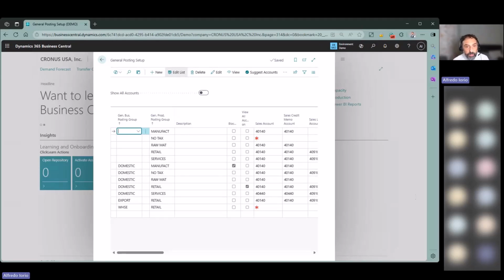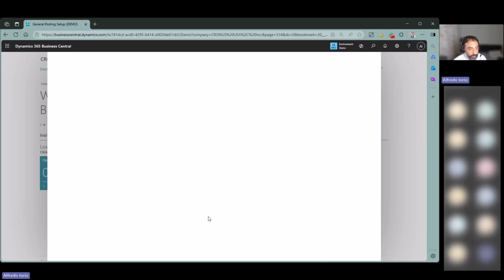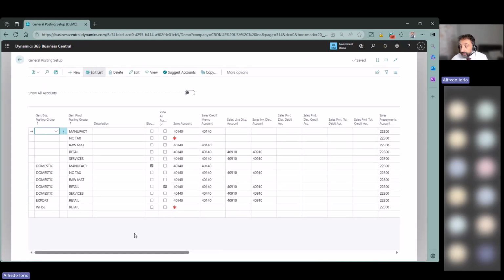So what do we see here in this Cronus database? We see the duplication issue that I mentioned before. We also have a general business posting group called warehouse, and I will show you why that happened. You might remember in one of the first slides, I said that the general business posting group is about why we transact.